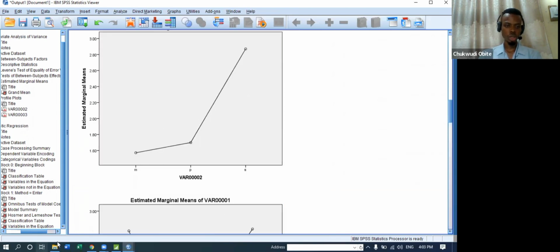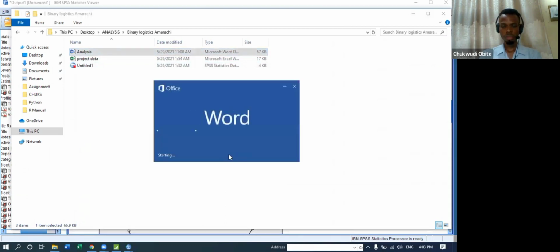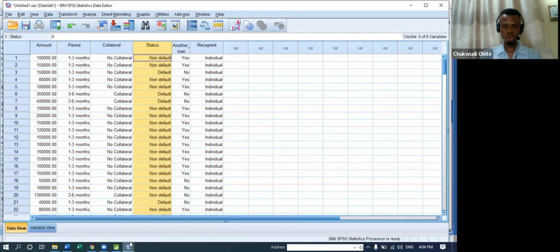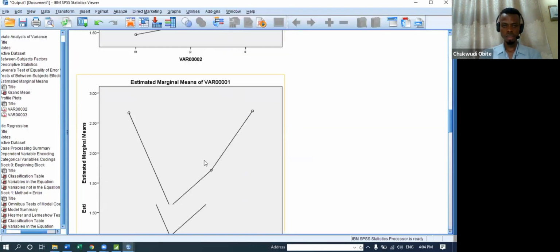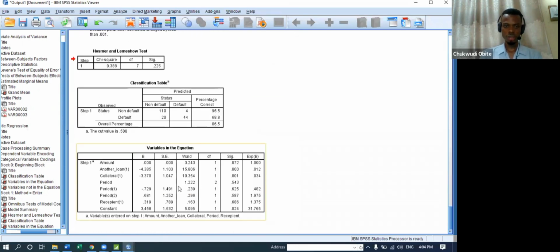So let me show you a complete work I did based on the result from SPSS. The main thing that you need to learn here is how to interpret this final table. This final table, that's the main thing.